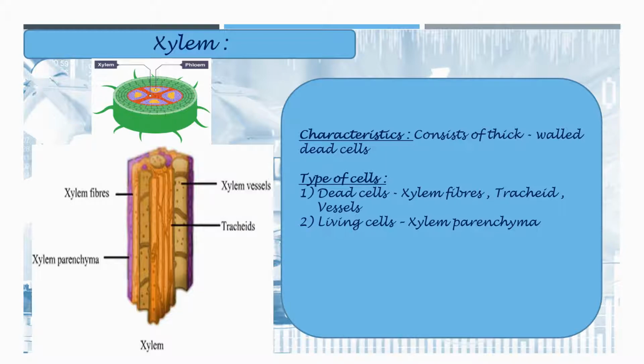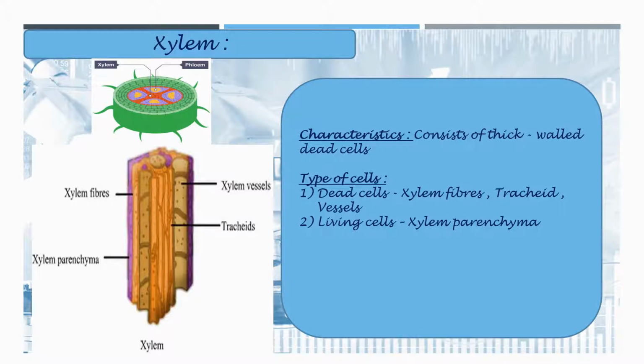They have a thick lignified wall and lack protoplasm. Their main function is water and mineral transportation. And about vessels. Vessels are present in angiosperms. These are a long cylindrical structure having tube-like appearance. The walls are lignified and have a large central cavity.